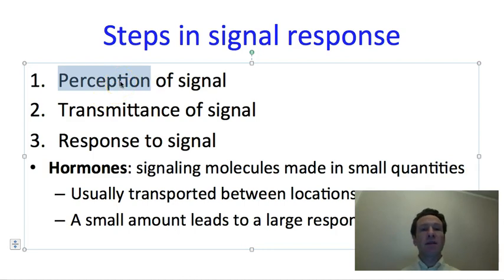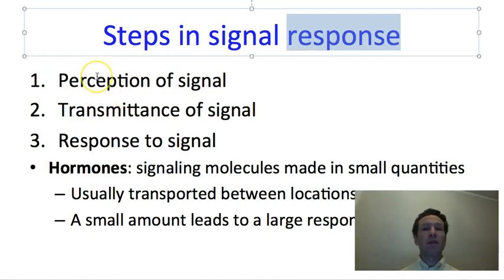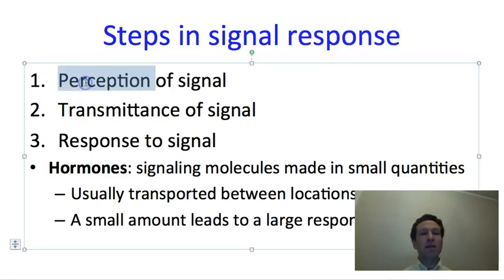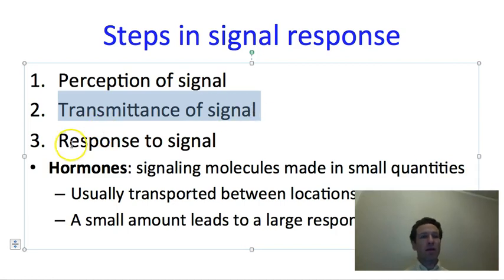Perceiving the environment is not enough if the plant can't do anything with that information. So it's important that the plant can also respond. And there's a basic three-step process for a plant responding to the environment. First, it needs to perceive some signal. Then it needs to transmit information that this signal was received, usually to other parts of the plant.